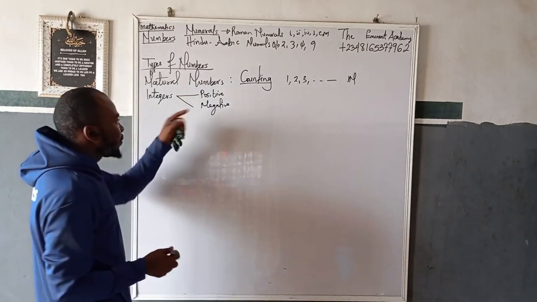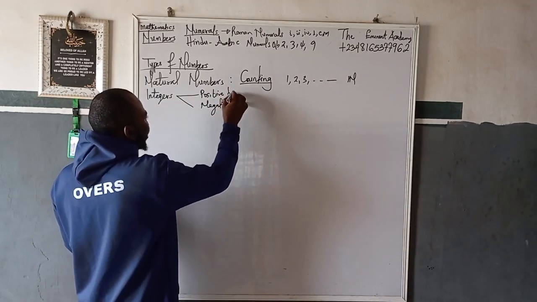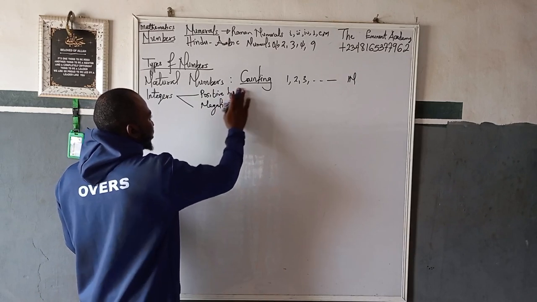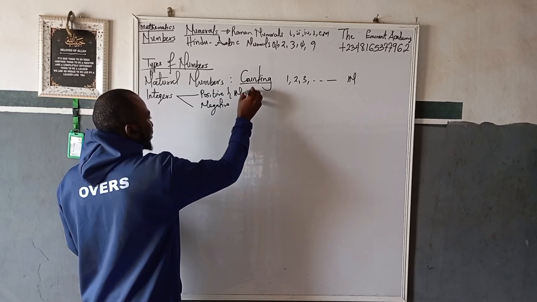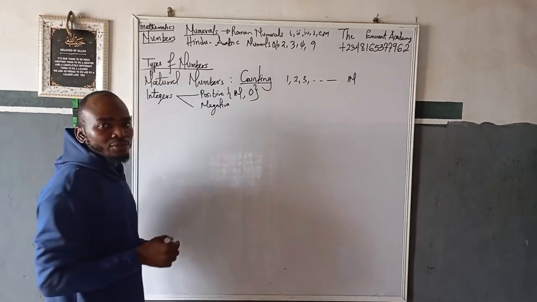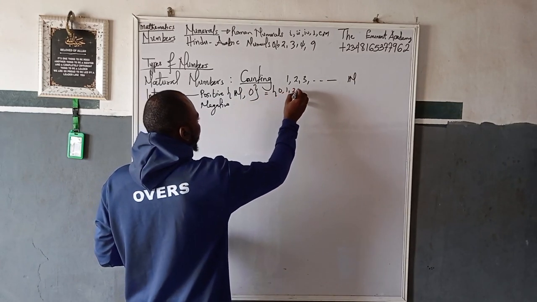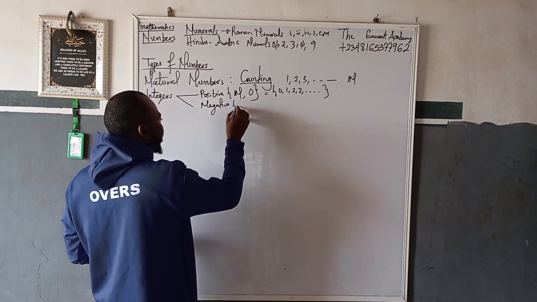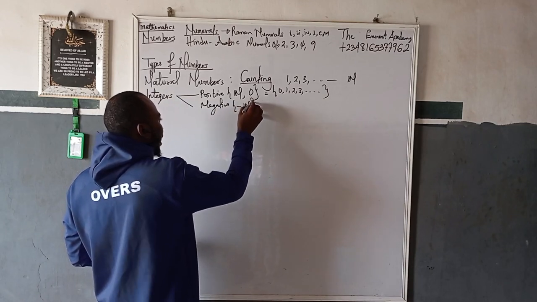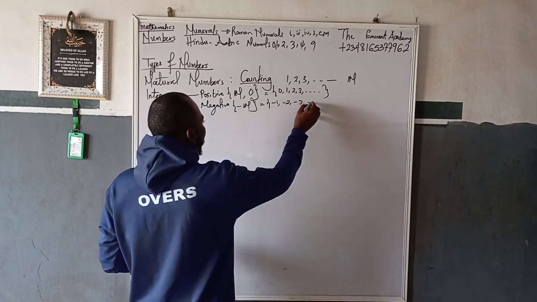The positive integers are the counting numbers, which is the natural numbers, with a 0. The counting numbers and 0. We have it to be 0, 1, 2, 3 in that respect. While the negative integers are just the negatives of the natural numbers, which are -1, -2, -3 in that respect.